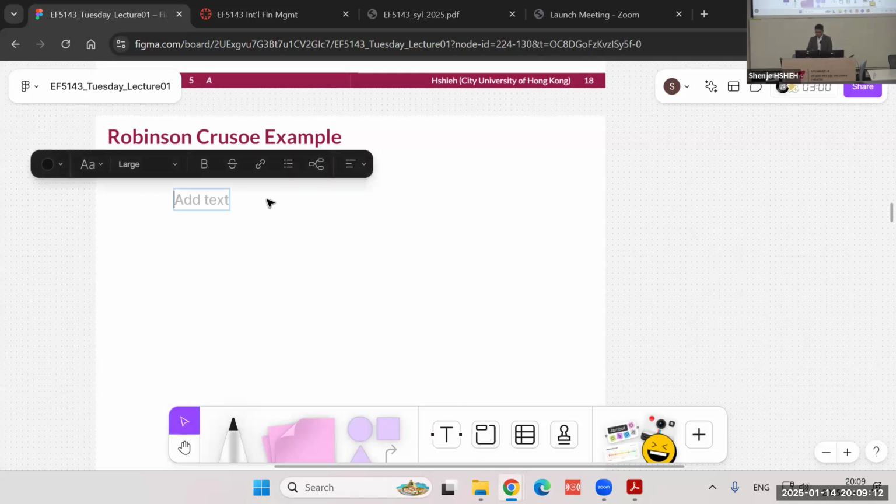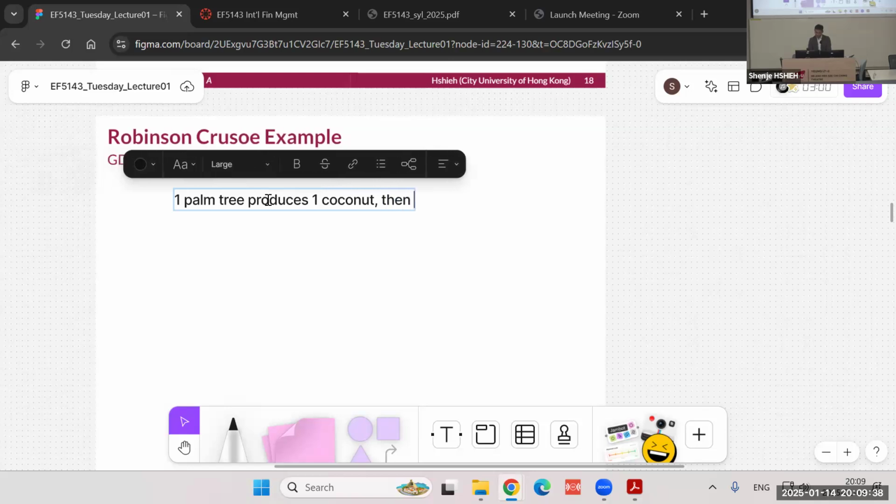So imagine we have the following production machinery, okay? Suppose we have palm trees. Palm trees produce seeds, you can plant the seed, and this is our machine that produces things in this economy. So one palm tree produces one coconut and then it dies.